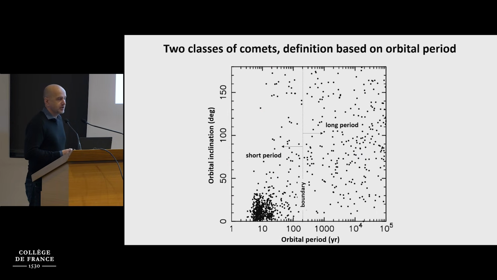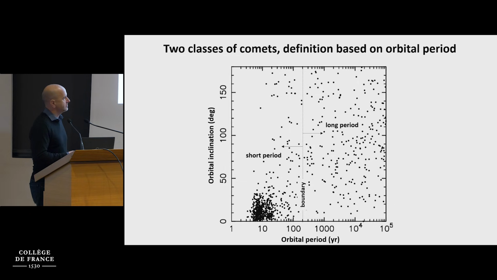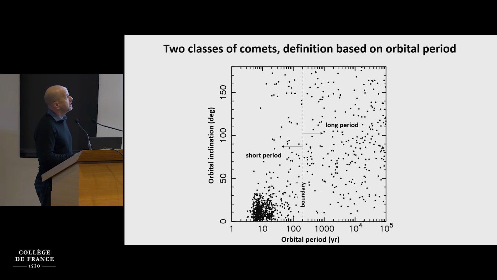Now it is always useful to look into orbital elements, because that simplifies the insight we have. What I've done here is plot the orbits of comets in terms of the orbital period on the x-axis. Note that this is a logarithmic scale, so it goes from a few years to hundreds of thousands of years, covering a pretty large range.